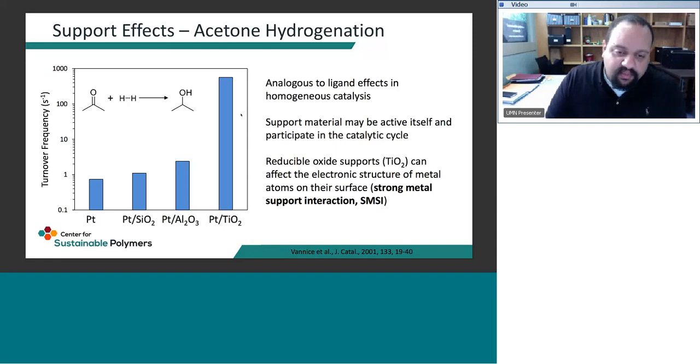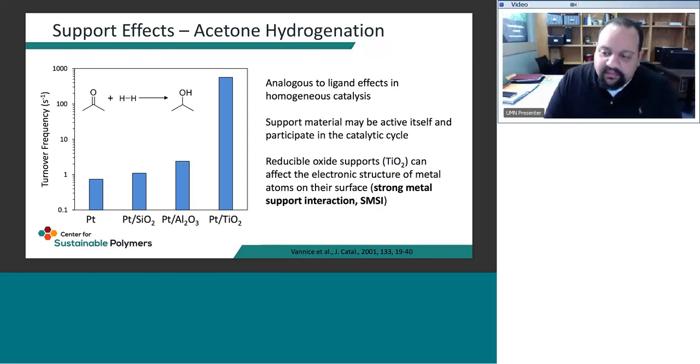And what's been reported on for quite some time in catalysis are these strong metal support interactions. So the metal is now not just sitting on the support material as a dispersant, it's interacting with it, and the support material can affect the electronic structure of the metal atoms in close proximity to it, especially what are called these interfacial sites, or the atoms that are in direct contact with the support material.